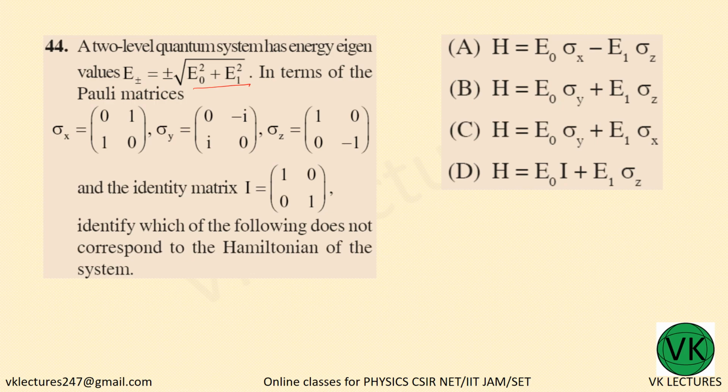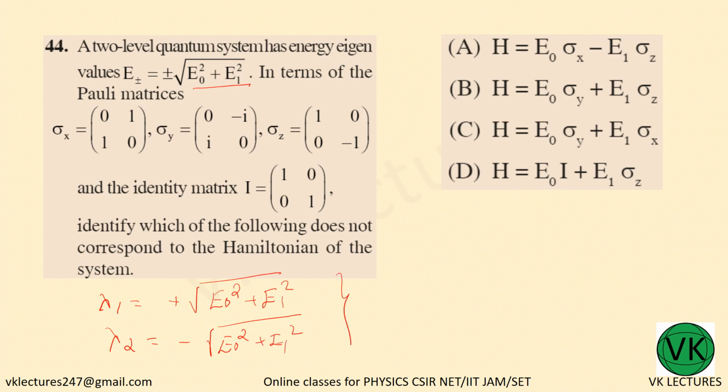Let me write lambda 1 is equal to plus under root E naught squared plus E1 squared, and lambda 2 equal to minus under root E naught squared plus E1 squared.